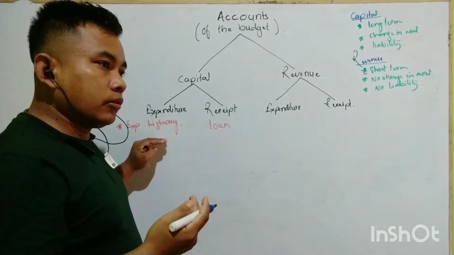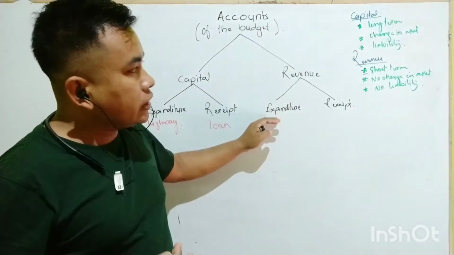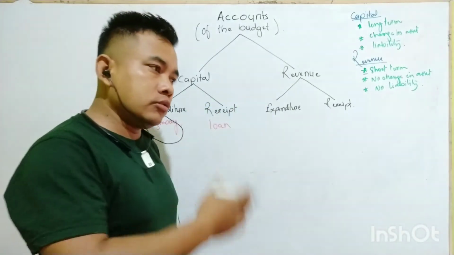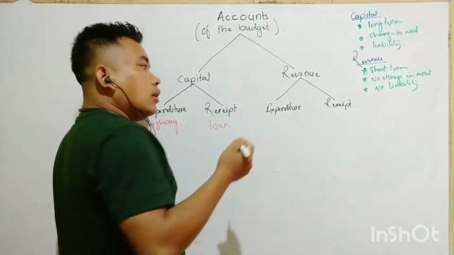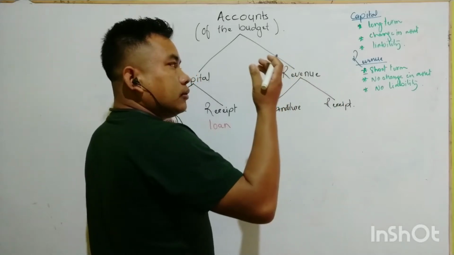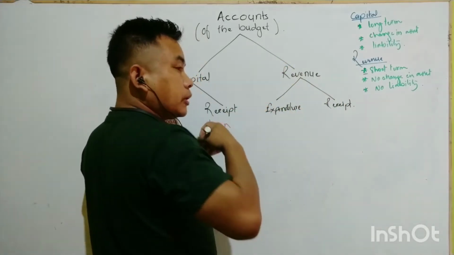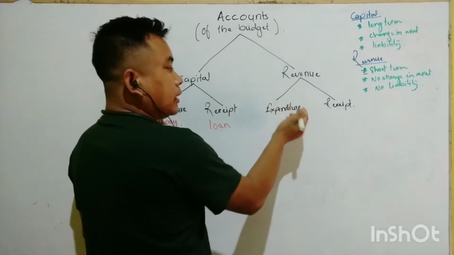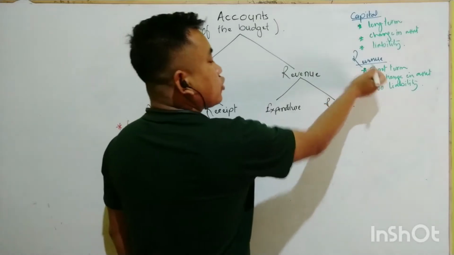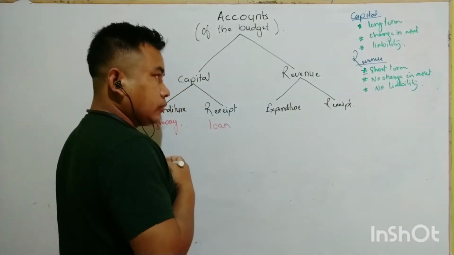Revenue happens every now and then. When the government spends money, it is short term, every now and then.